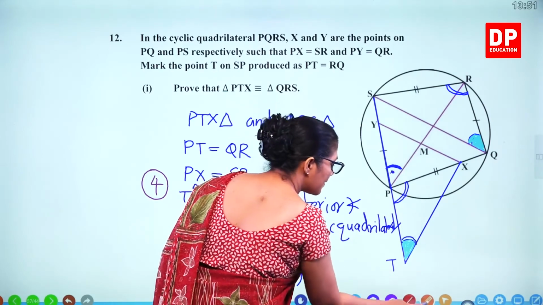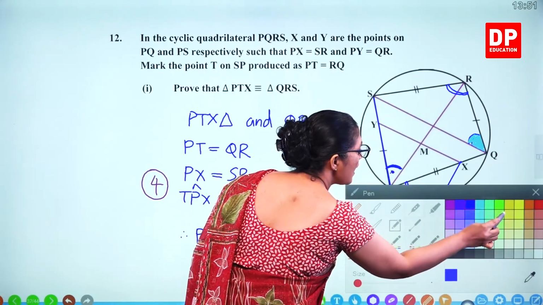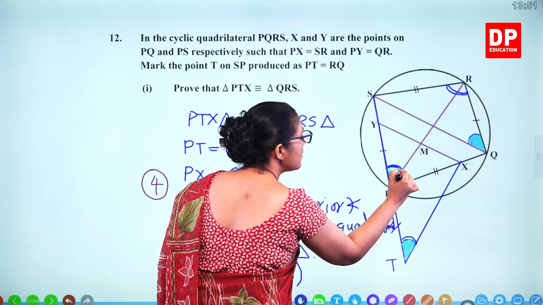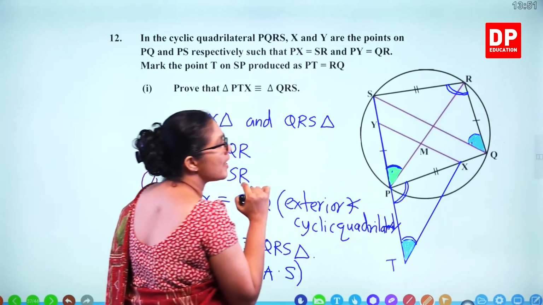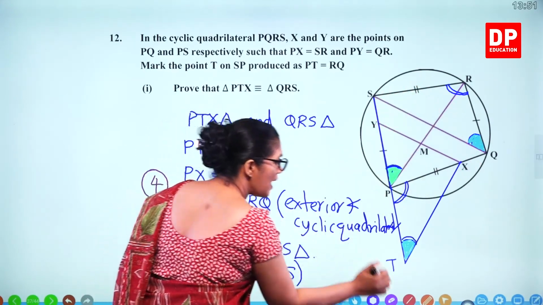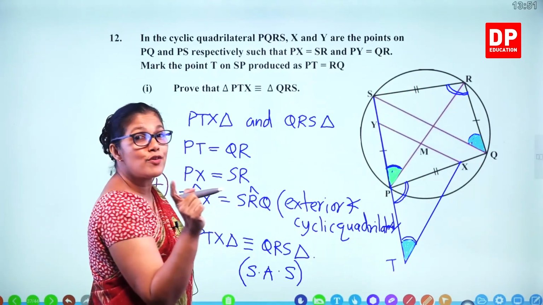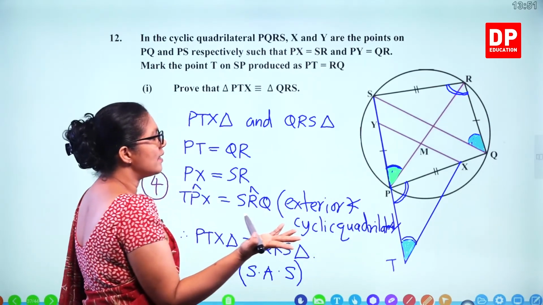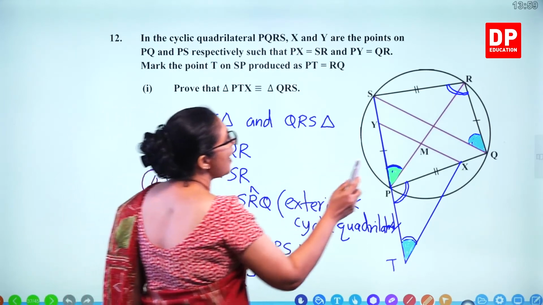What's the reason? I'll put this one with a different color. So what you get? This angle is same as this angle, same segment angle. So what can you say about these two? These two are equal.